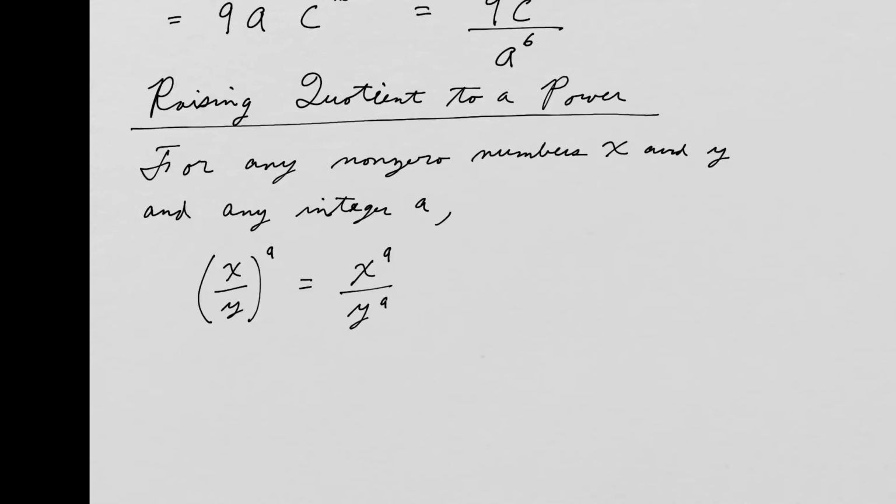So that's the rule. Raising a quotient to a power is the same thing as raising the numerator to that power divided by raising the denominator to that power.